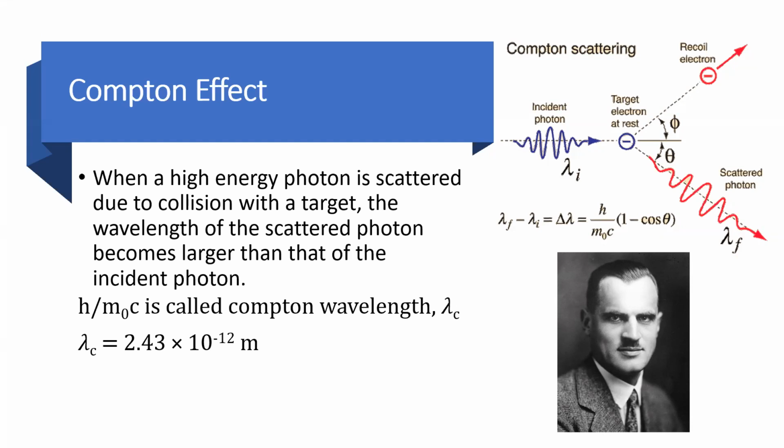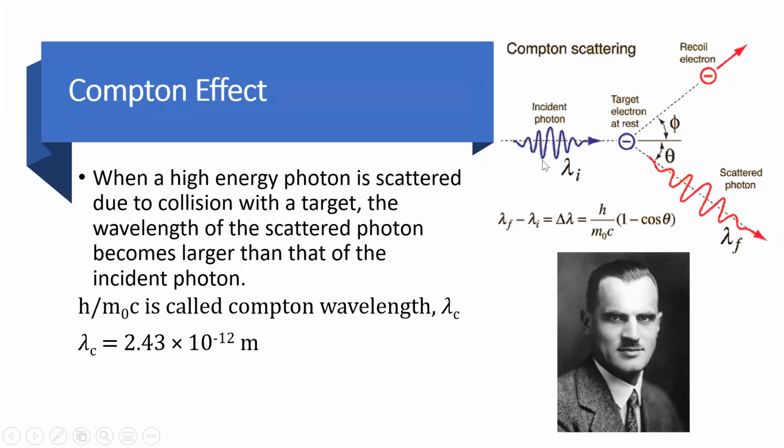If it is of high energy, it will be either X-ray, gamma ray, etc. Compton effect usually occurs in the X-ray region. So when a high energy photon like an X-ray photon is scattered due to collision with the target, the wavelength of the scattered photon becomes larger than that of the incident photon.